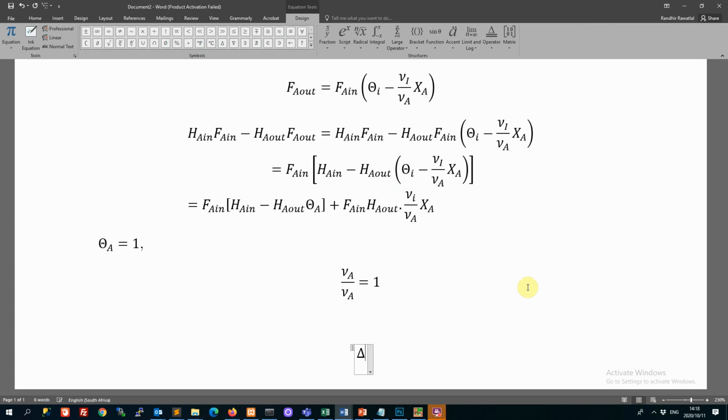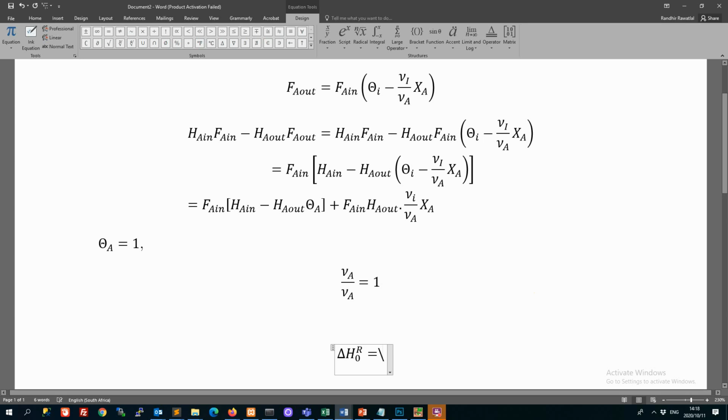So here we can say delta H super R, and this time at the reference condition. I don't want to use another capital R, so I'm just going to say sub 0, is equal to the enthalpy at the reference temperature.